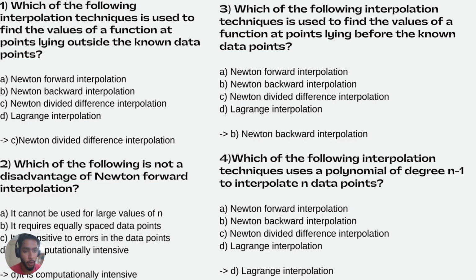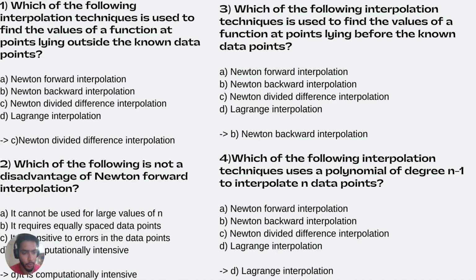Which of the following is not a disadvantage of Newton interpolation? That is the second question. If it is not a disadvantage, then it has to be an advantage. So let's go option by option. It cannot be used for large values of n. No, it's not a disadvantage.